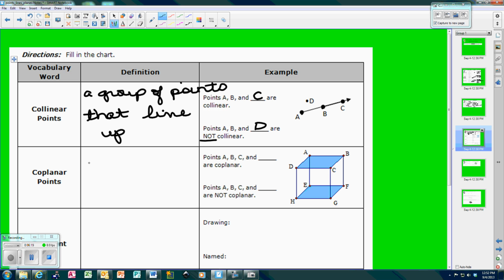Coplanar points are a group of points that lie in the same plane.